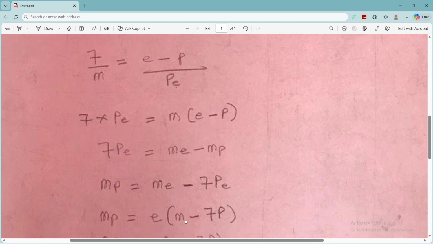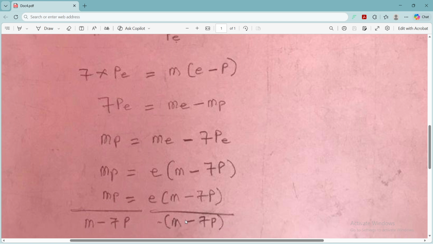So we are going to have our new equation to be the fraction MP divided by M minus 7P equals the fraction E multiplying, all in brackets, M minus 7P divided by all in brackets M minus 7P, right? So M minus 7P will cancel M minus 7P for E to become independent and be the subject of the relation.